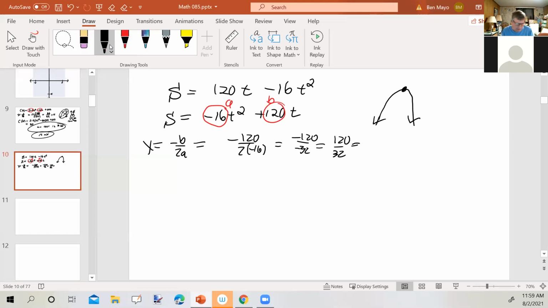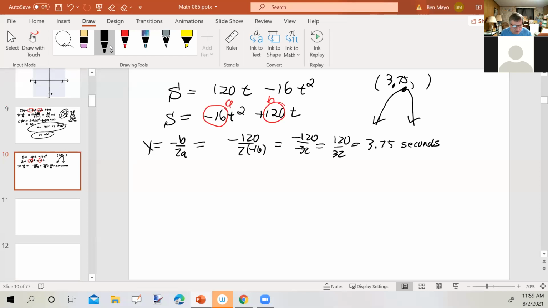And let's go to our calculator again. 120 divided by 32 is 3.75, and that's seconds. So that is the input of the vertex. That's the time at which it reaches its maximum height.